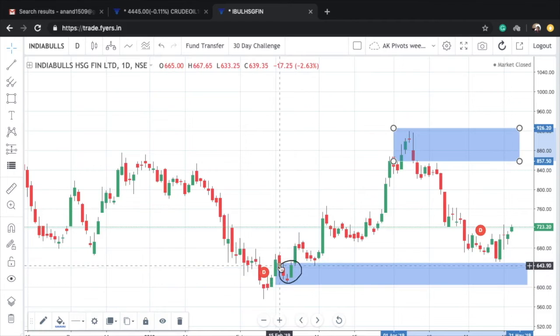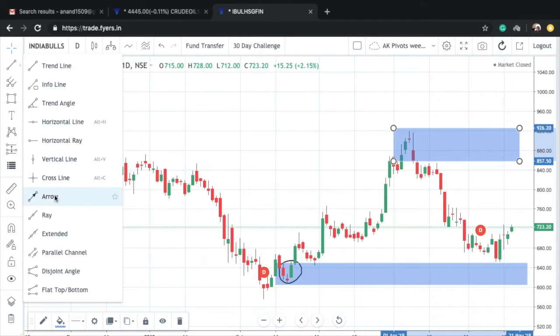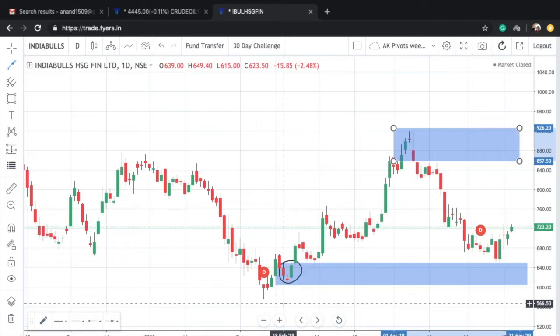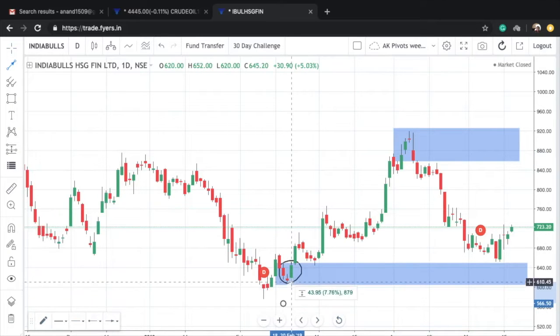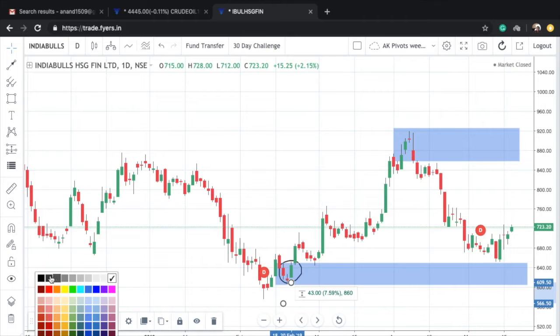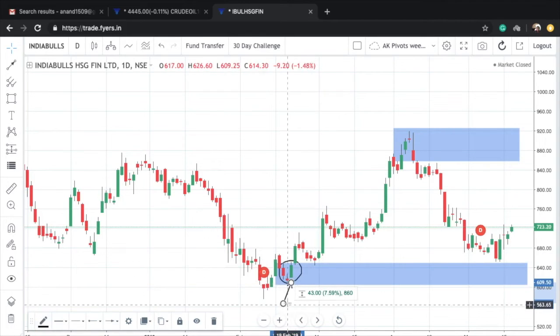This is what I was saying, that once it creates this kind of an evening star pattern right over here, you can see, let me point that out with an arrow mark as I see the screen, and turn this to a black color.